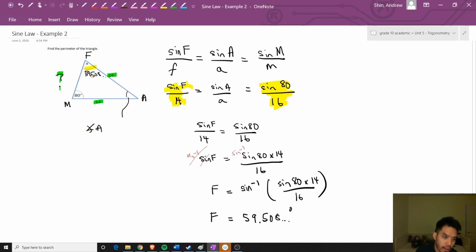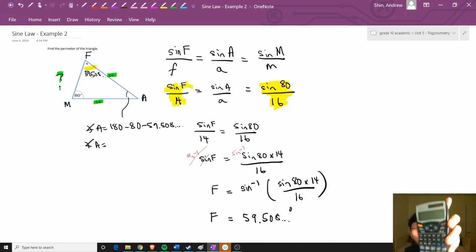Angle A is going to be equal to 180 minus 80 minus 59.508 dot dot dot, the whole thing. So I'm going to keep that number, 59.5. I didn't clear it off my calculator, and I'm going to add 80 to it. And then subtract 180 from that.